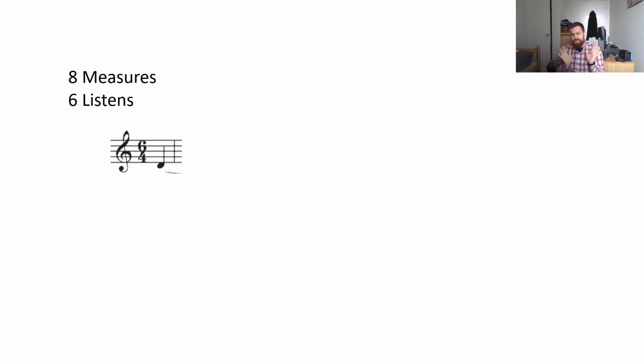Okay, so hopefully we feel pretty comfortable about that. That one's pretty straightforward as far as modal music goes. Let's take a look at it, okay?